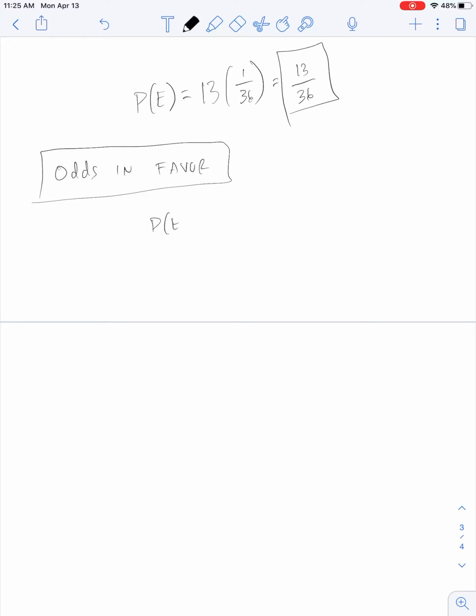All right, so that tells us to find the odds in favor, it's the probability of an event over the probability of the complement of that event, or that event not occurring.